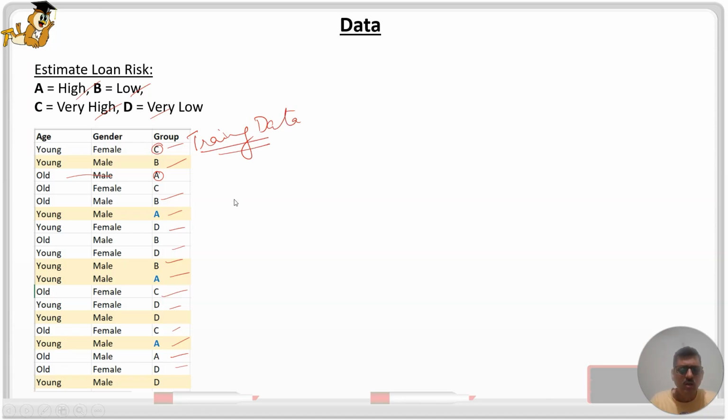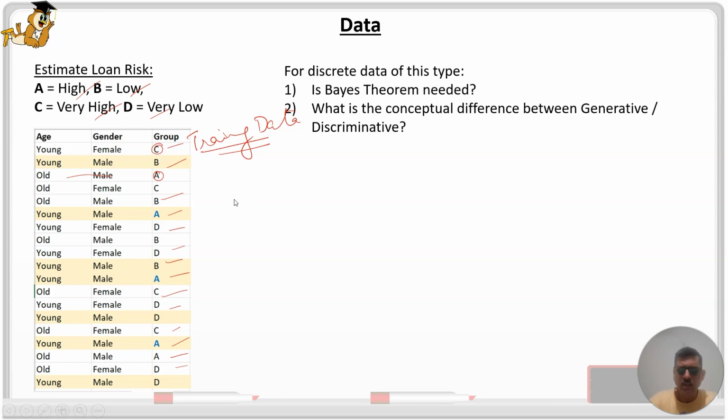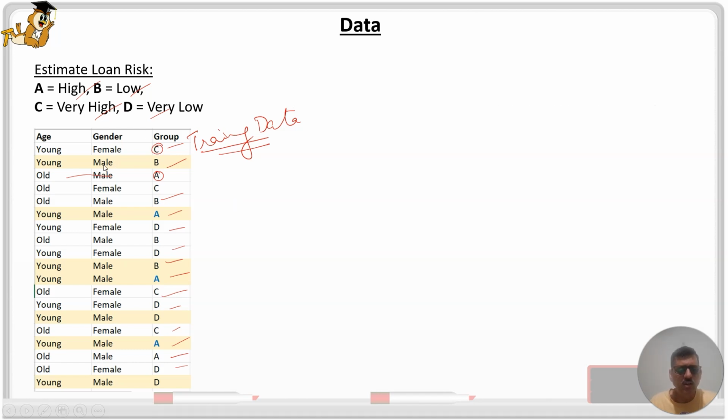Now you can estimate the probability of various events directly from this table, right? So if you wanted to estimate the probability of a young female being in the high risk zone, for example, what would you do?